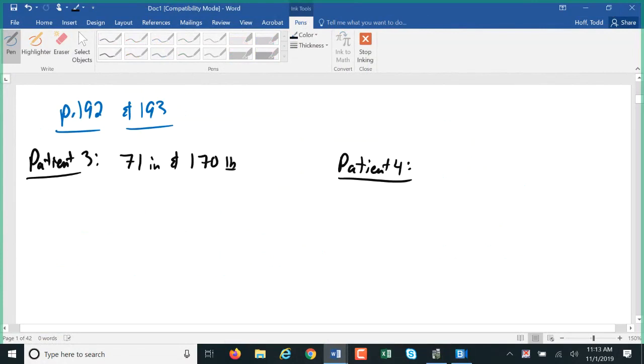Patient 4, we're going to do 120 centimeters and, let's go, 38 kilograms. Find the body surface area using the nomogram for each of those patients.